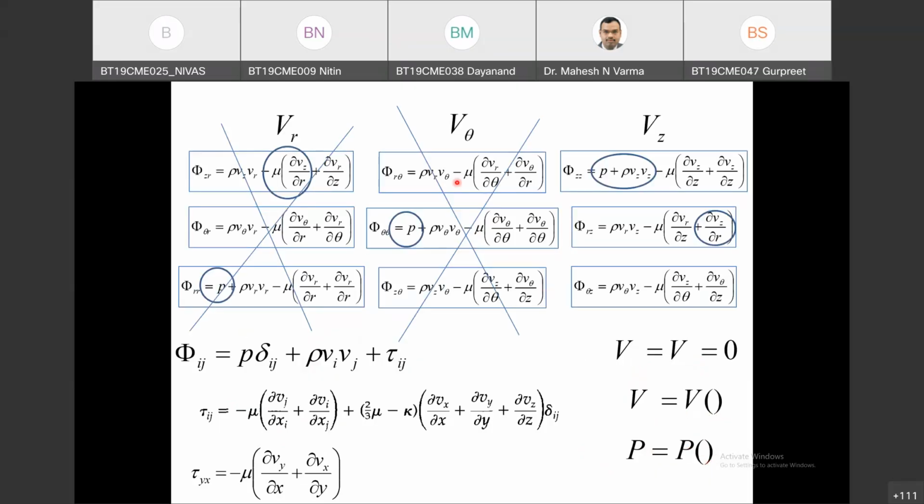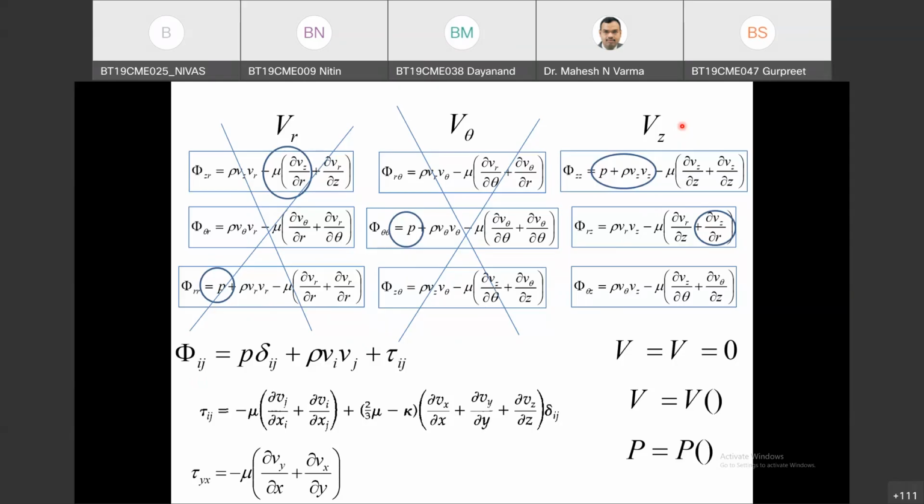As there is no velocity in r direction and no velocity in theta direction, even if you take a theta momentum balance equation and r momentum balance equation, your input will be equal to output. You are not going to get anything important, so we will not consider these balance equations.